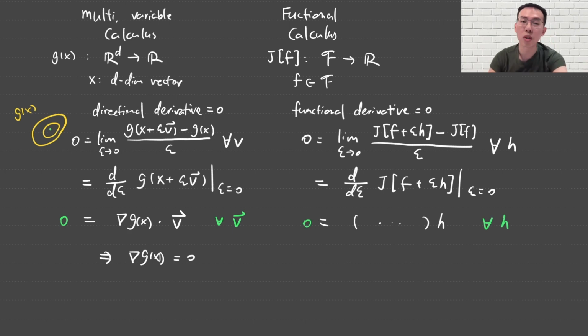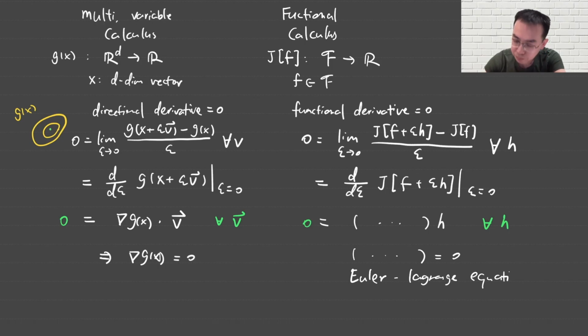That gives us an equation saying that this something must equal 0. And this is called the Euler-Lagrange equation. I'm not going to write the full form in here, but this is called the Euler-Lagrange equation.